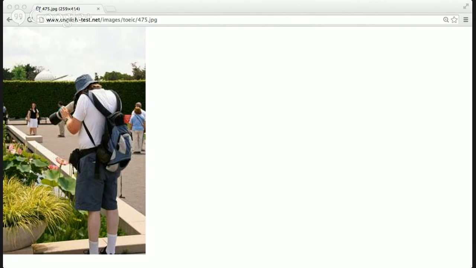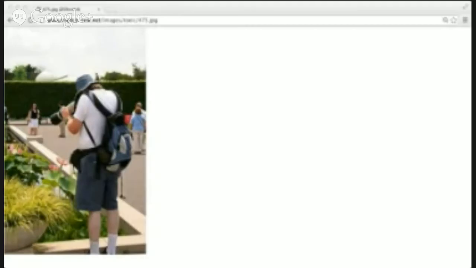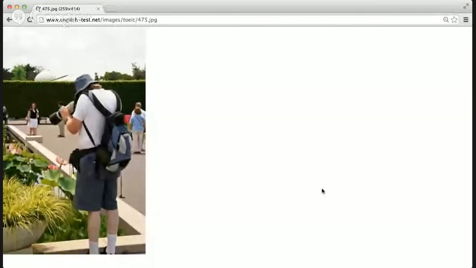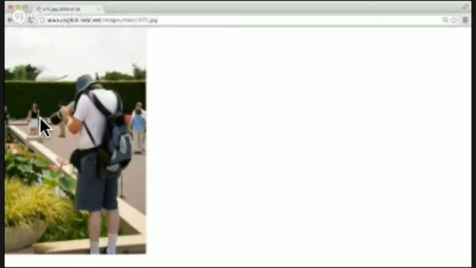And maybe he's taking a picture of some plants, some flowers, some vegetation. Okay, instead of taking a picture to a small plant, it would be taking a picture of a small plant, or taking a picture of plants and flowers.